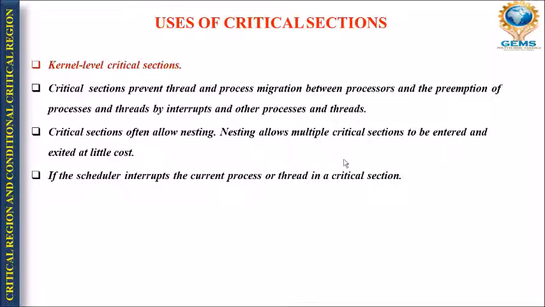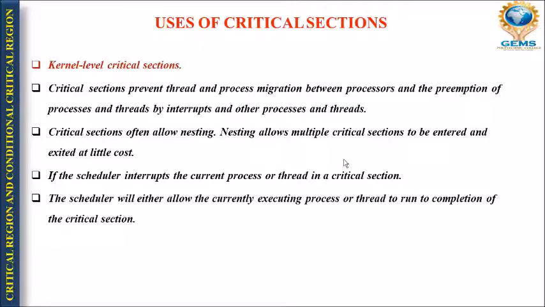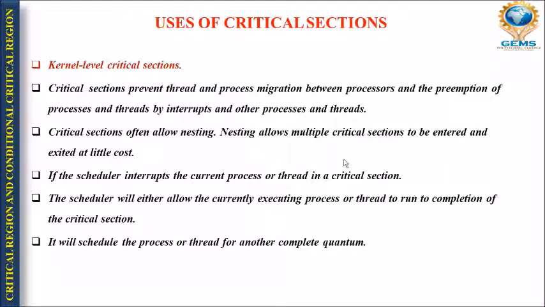So if a scheduler interrupts and the current process or thread is in a critical section, right? Okay. The scheduler will either allow the currently executing process or thread to run to completion of the critical section, or it will schedule the process or thread for another complete quantum. What do you mean by quantum?